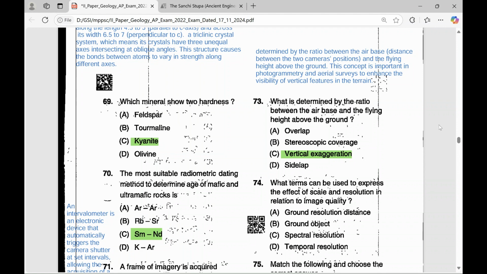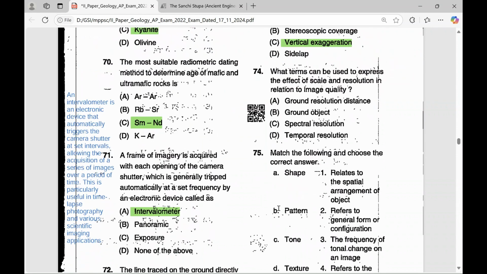Removal of the vertical exaggeration is very important in image analysis because it gives us the real picture, the ground reality of the features that we are imaging, right? So next, let's go to the next question.